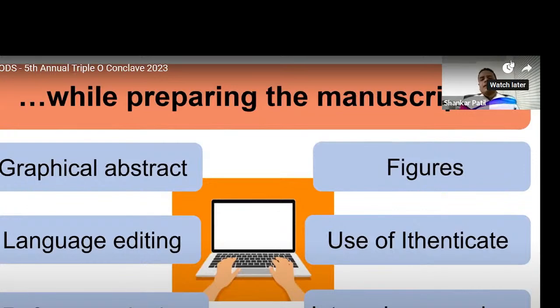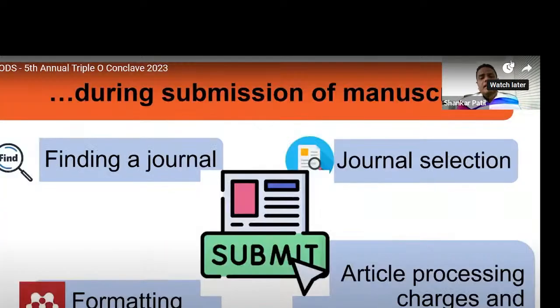So internal peer reviewing among yourself, among your collaborators who are part of the study from the start, better share the manuscript, get their comments, revise it, and then submit. That will avoid so many negativities or so many comments by the reviewers.